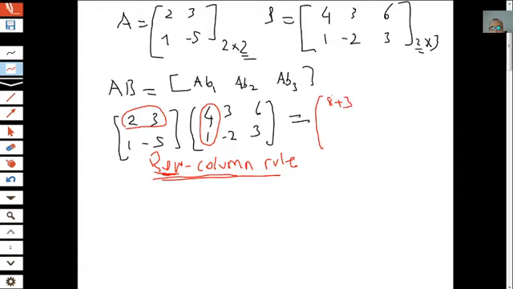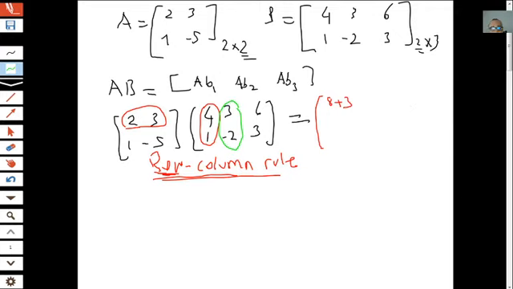Namely, the first entry of the multiplication will be 11. Then we take the second column and the first row of the first one. So we obtain the second entry in the first row.